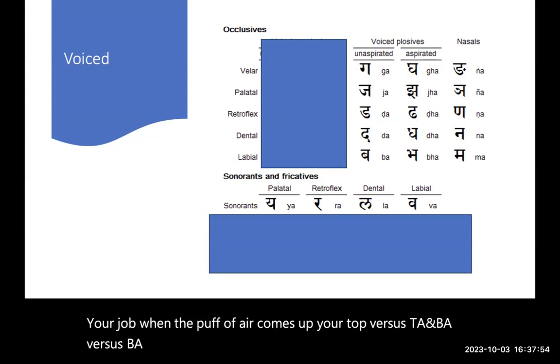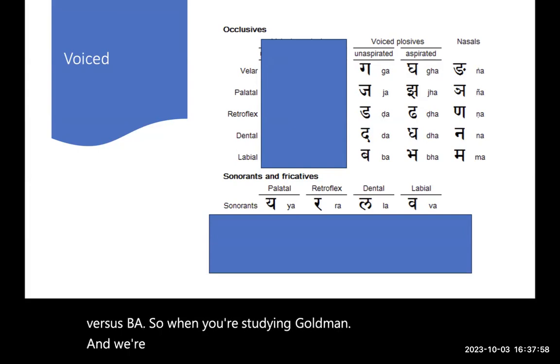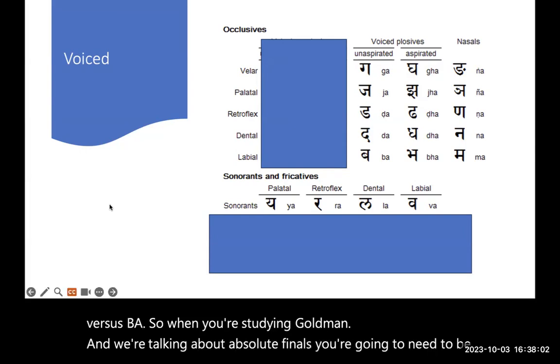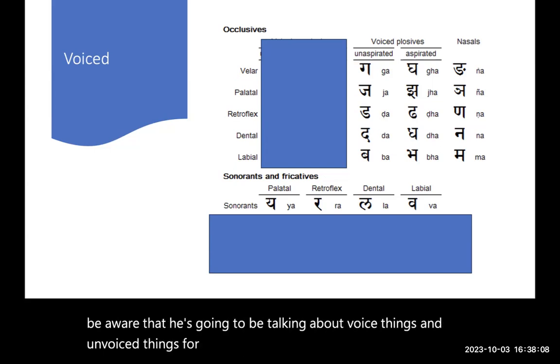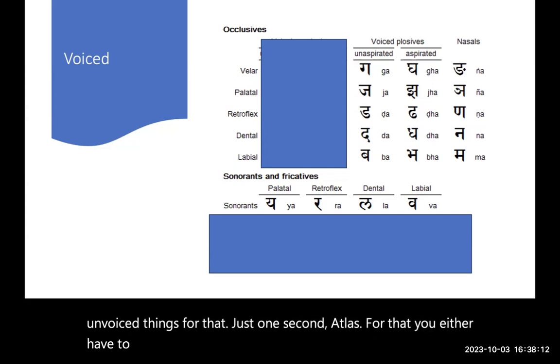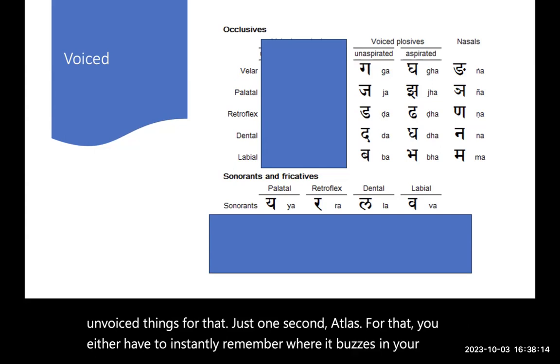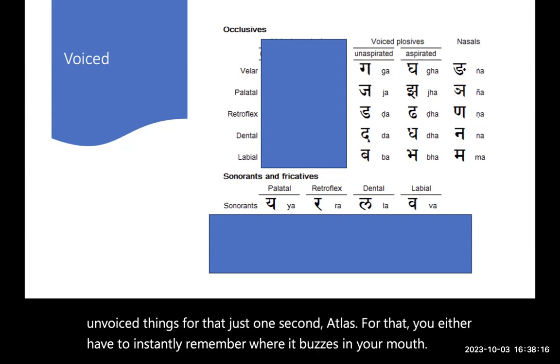So when you're studying Goldman and we're talking about absolute finals, you're going to need to be aware that he's going to be talking about voiced things and unvoiced things. For that, you either have to instantly remember where it buzzes in your mouth or go back to the chart.